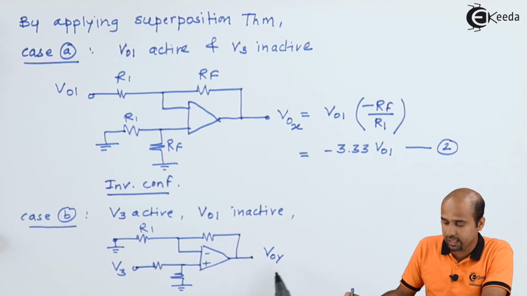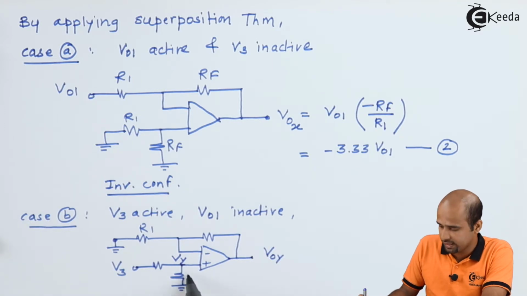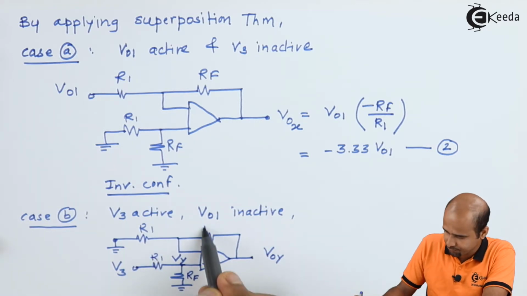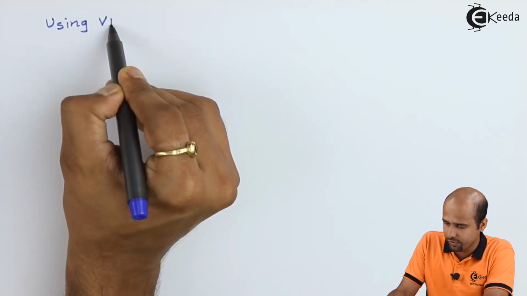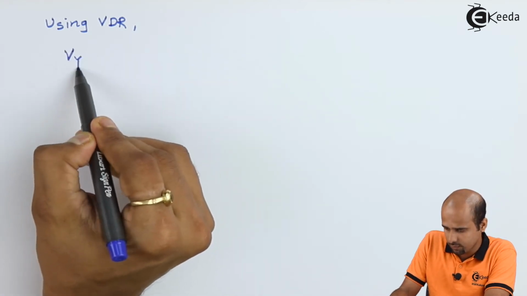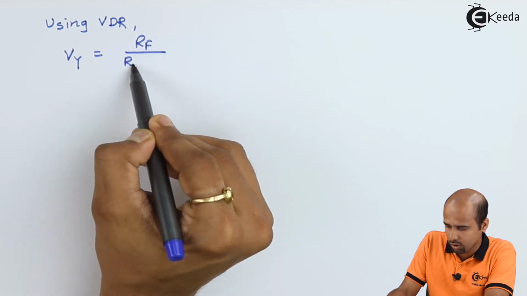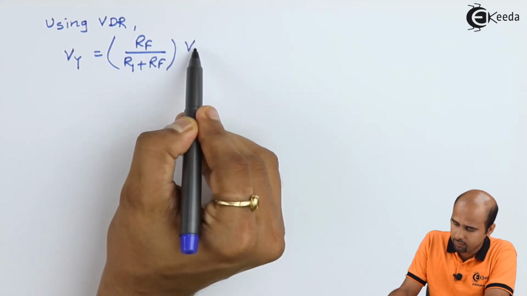But here directly VOY we will not be getting. First of all, we will calculate what's the value of VY. That we will be getting by using VDR. So using VDR, we can say Vy is equal to Rf upon R1 plus Rf multiplied by V3.